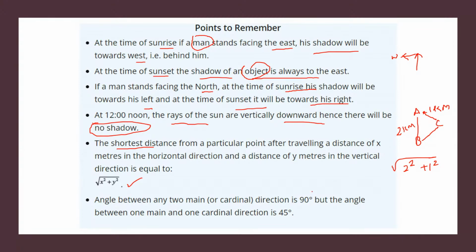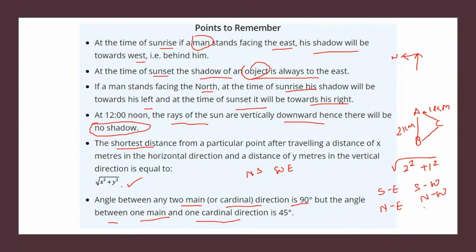Okay, now the last one is the angle between two main or cardinal directions. Two main directions means north, south, or west, east. So the angle between two main directions is 90 degrees, but the angle between one main and one cardinal direction, that means it can be either southeast, northeast, southwest or northwest.